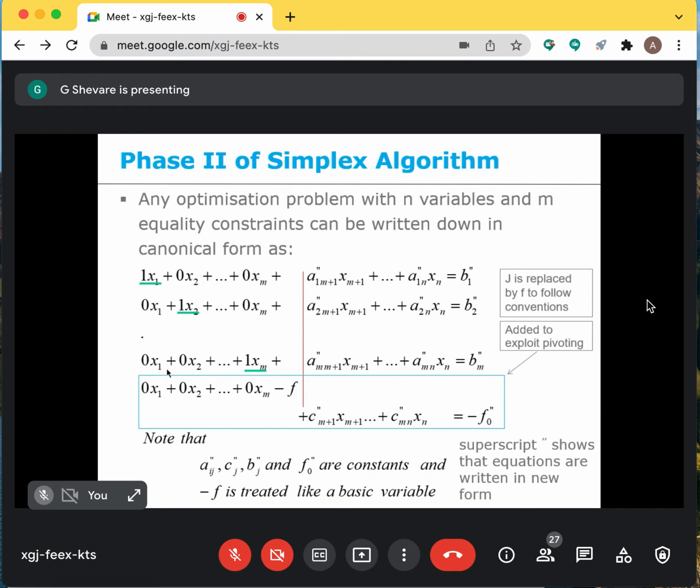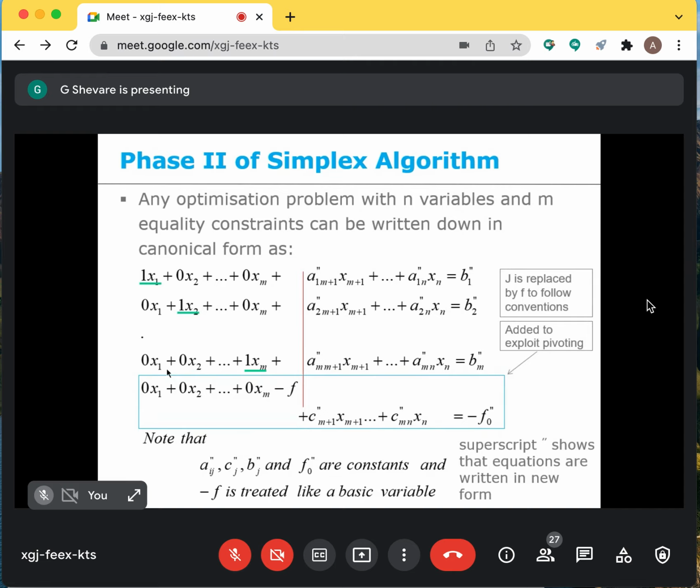Typically, in the simplex algorithm, J is replaced by F for some historic reasons. So you will realize that instead of J, I have put F. F is the same as J. There is no difference.